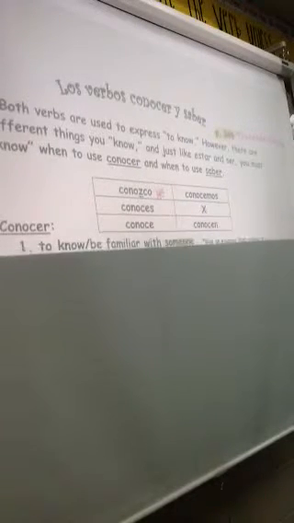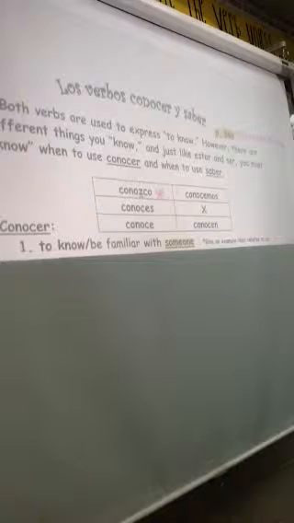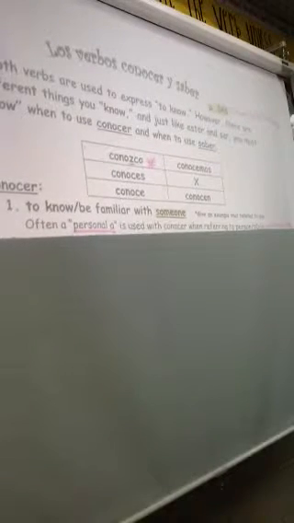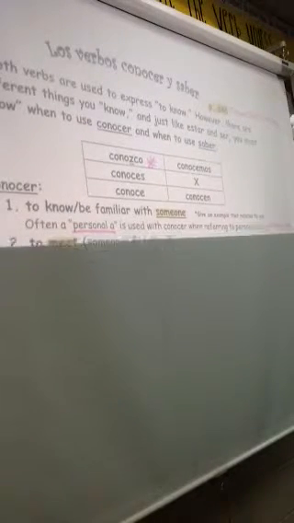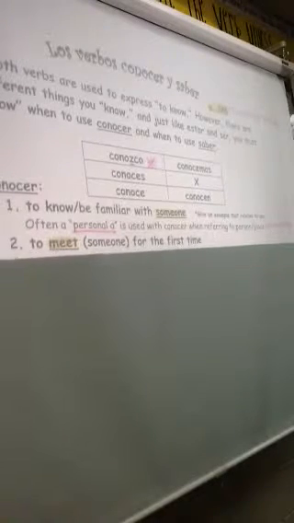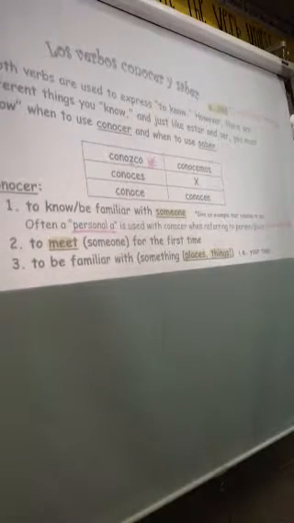So if you're familiar with someone, you're going to see that personal a there. If you meet someone for the first time, you use conocer. So again, you're meeting a person, or if you're familiar with places or things, you'll always use the verb conocer.